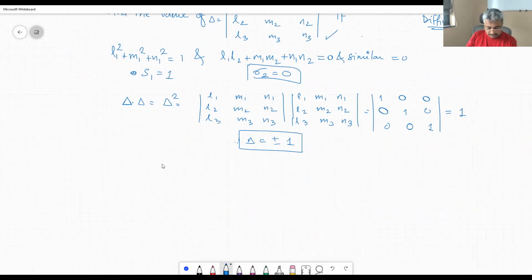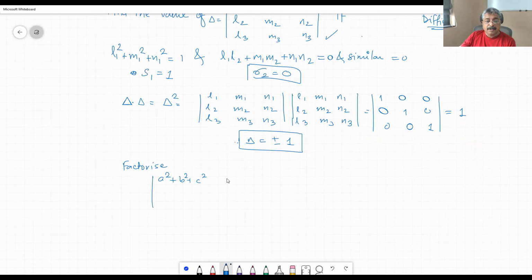Show that, factorize the determinant with rows: 1, a square plus b square plus c square; now I mean this is very easy.